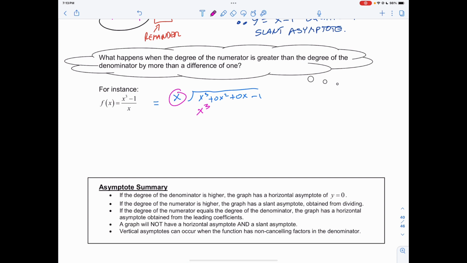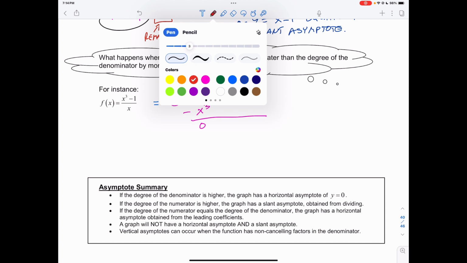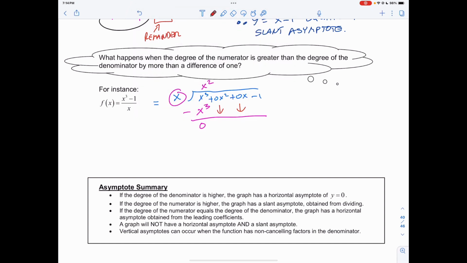I would have to multiply this by an x squared. When I subtract them, they cancel out. That becomes 0. There is nothing I can multiply to make it match up with the 0x. And then I'm left with this remainder of negative 1, which means that when I divide that out, f of x is going to become x squared minus 1 over x.